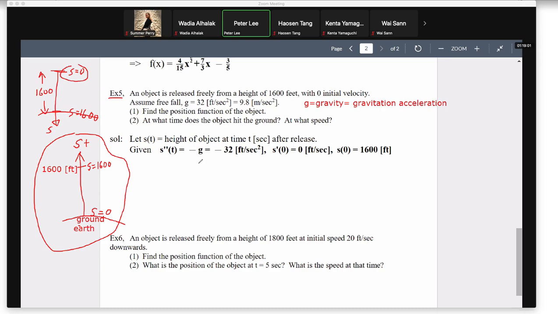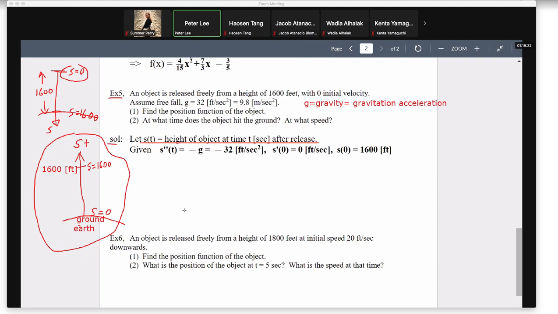So in this case, now solution here, let s of t equal the height of the object at time t after release. So here, what I've done is I've now defined the x-axis this way. And what is s of t? s of t is equal to the height of the object at time t. Height of the object, that is, height of the object from the ground.